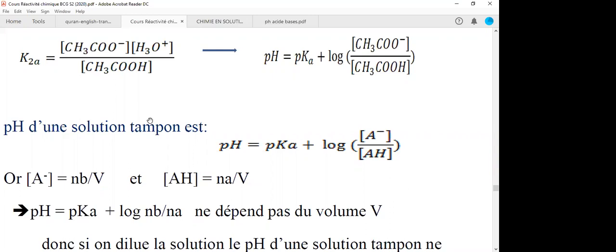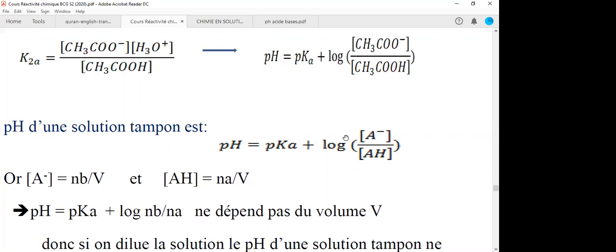When you introduce negative log on both sides, you are going to find that the negative log of this one is the pH, and it will be given by pKa plus log of the base conjugate over the acid. If you remember, we came up with this formula when we were just doing acids and bases.